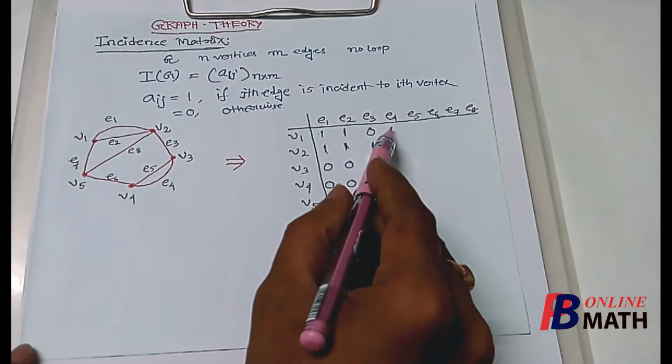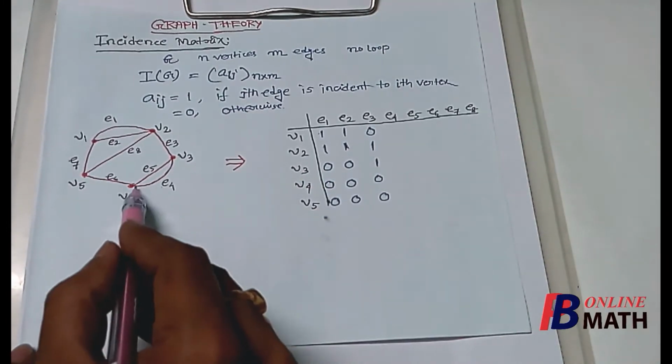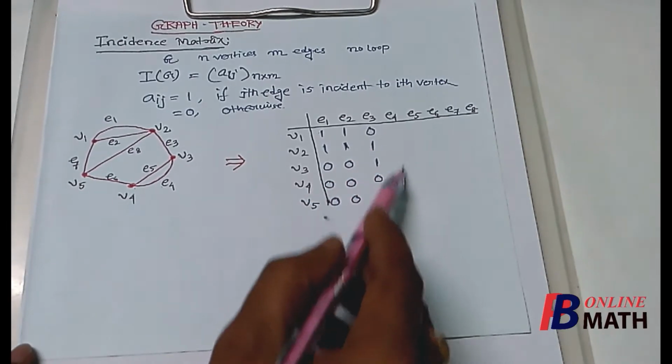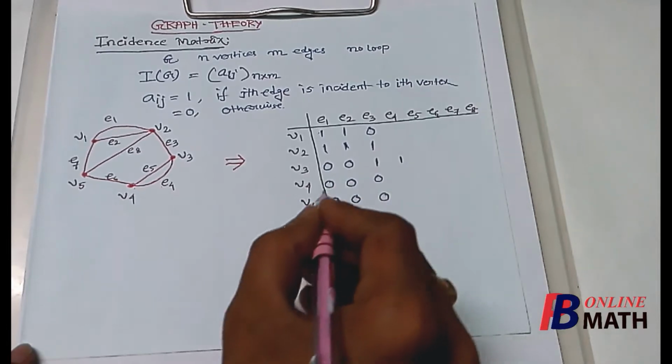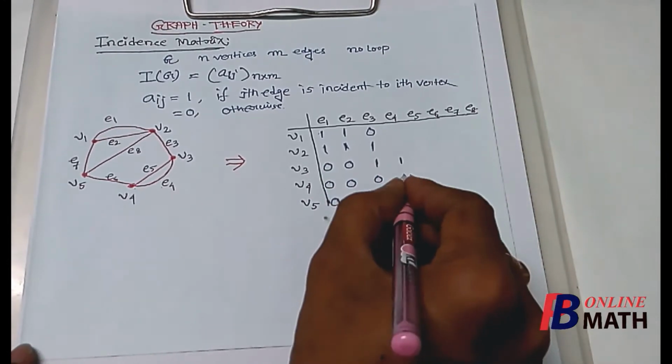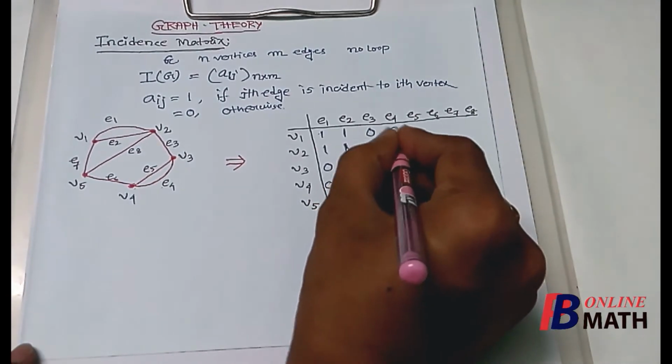If we consider E4, then E4 is incident to both V3 and V4. So in the column of E4, we put 1 in the row of V3 and 1 in the row of V4, and we put 0 for the remaining elements.